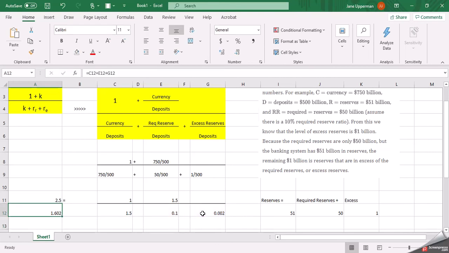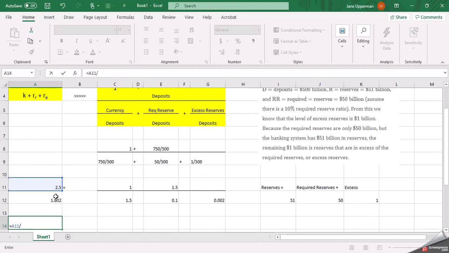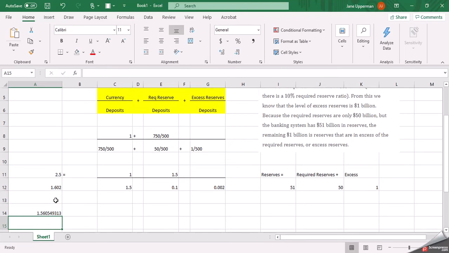That leaves me 2.5 divided by 1.602. If I do the math on that, I get 1.5605. And that is our money supply multiplier.